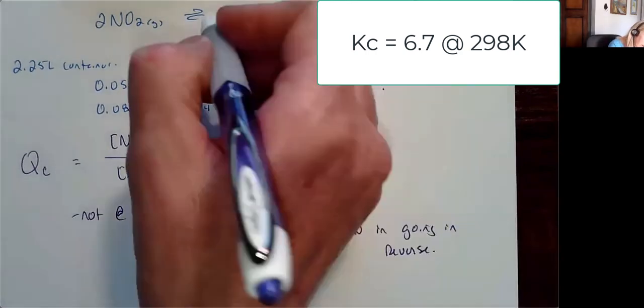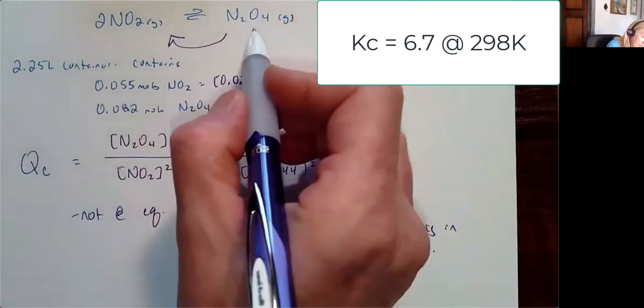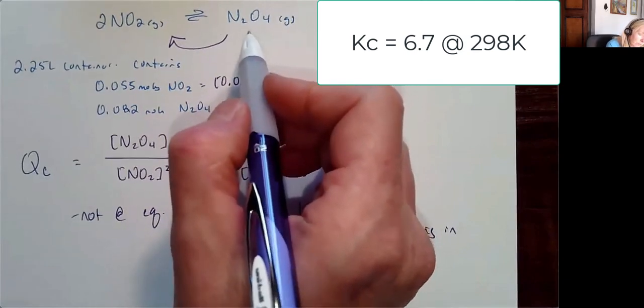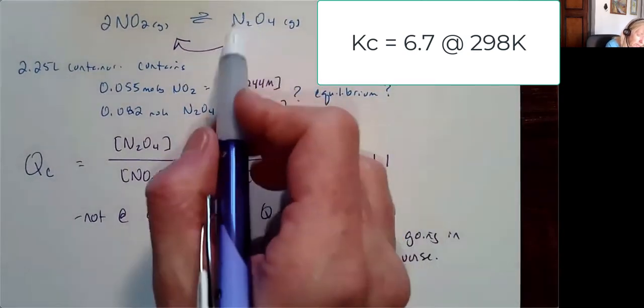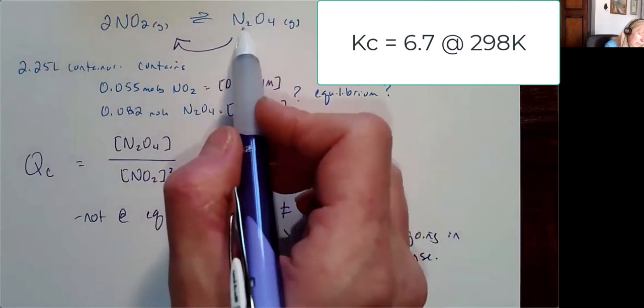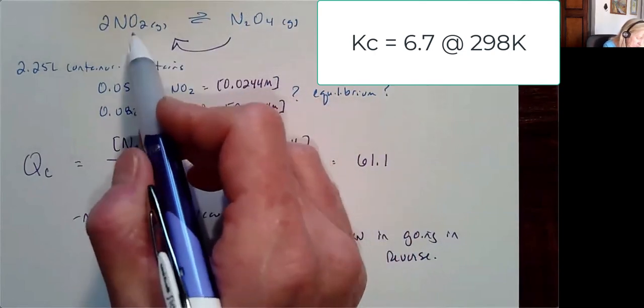So opposite of how I have it written, I have an abundance of N2O4, more than I would normally have at equilibrium. So this is undergoing decomposition to NO2.